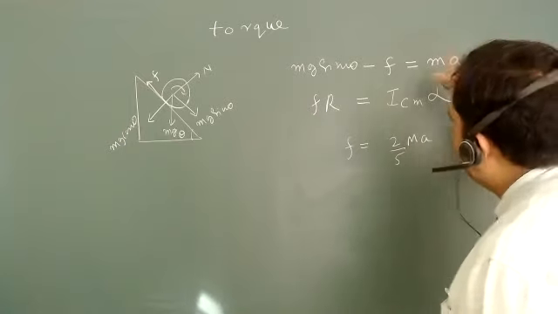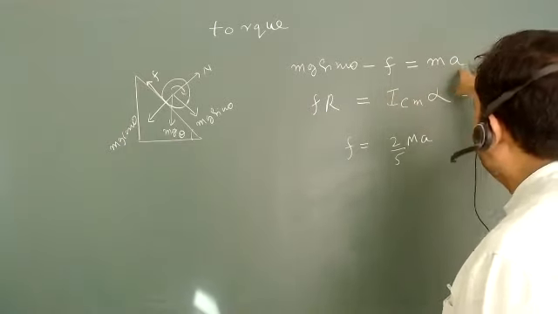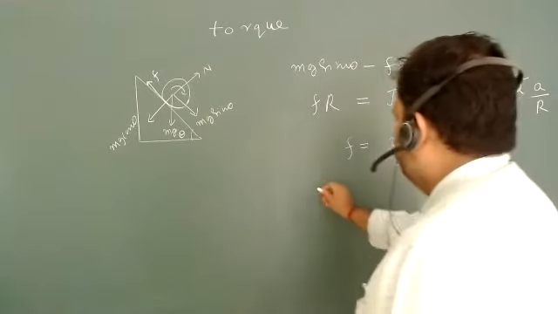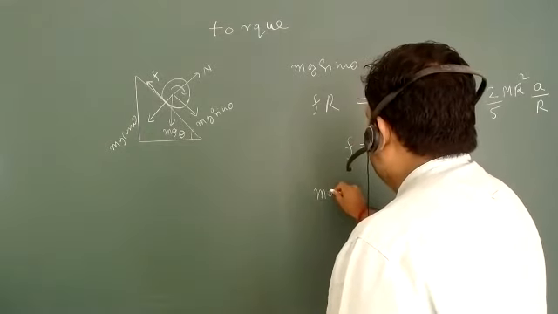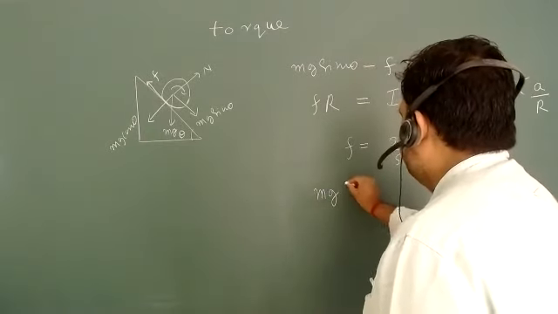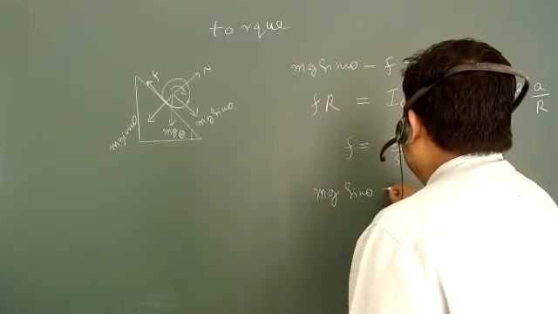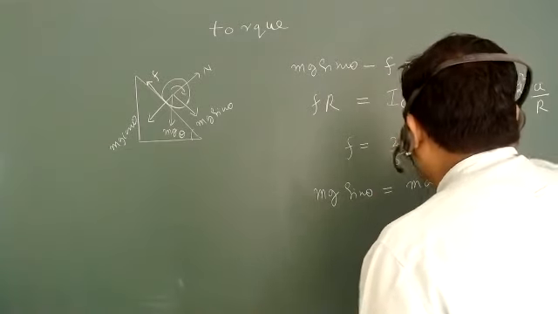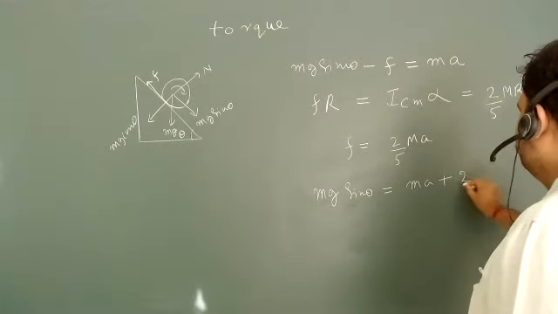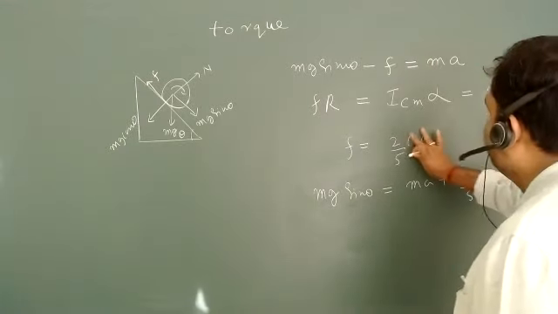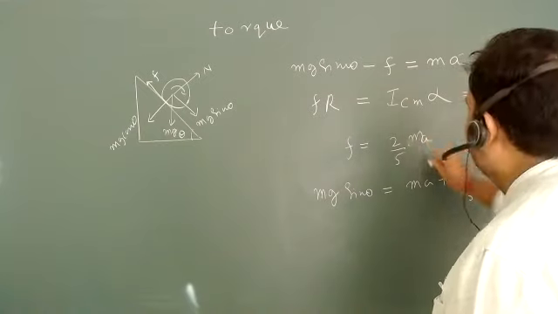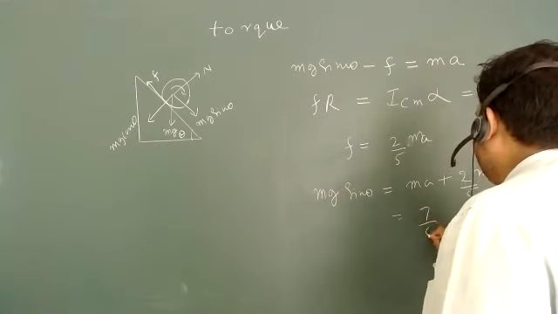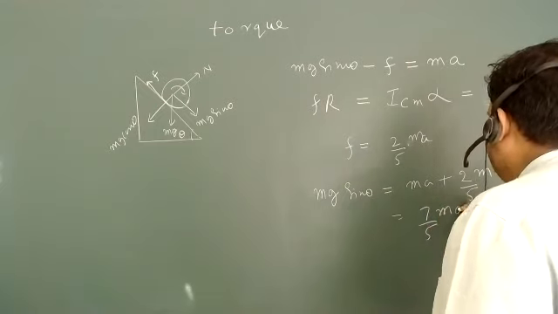Now we can put the value of f here and get the value of a. So mg sine theta must be equal to ma plus f, that is ma plus 2 by 5 m a, which is 7 by 5 m a.